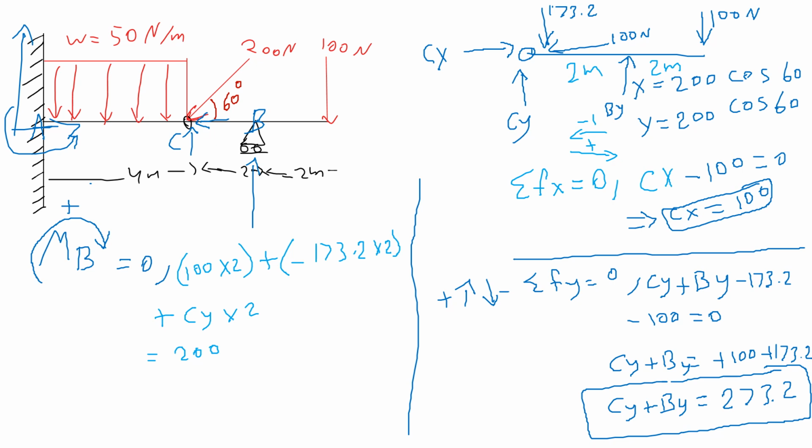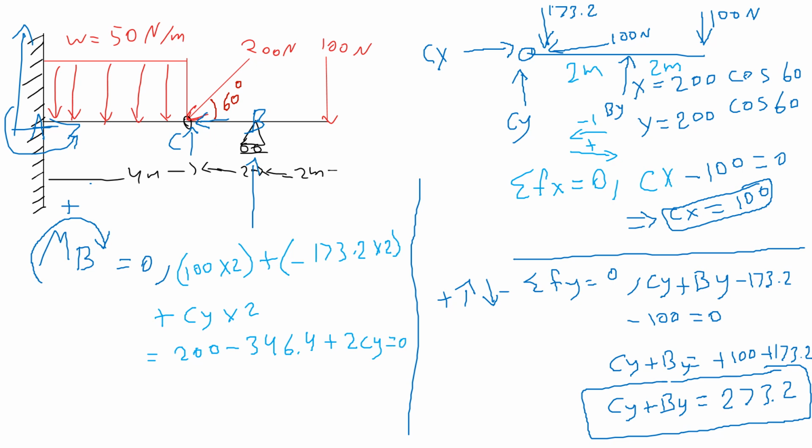Minus 173 multiplied by 2 minus 346.4 plus 2Cy equal 0.